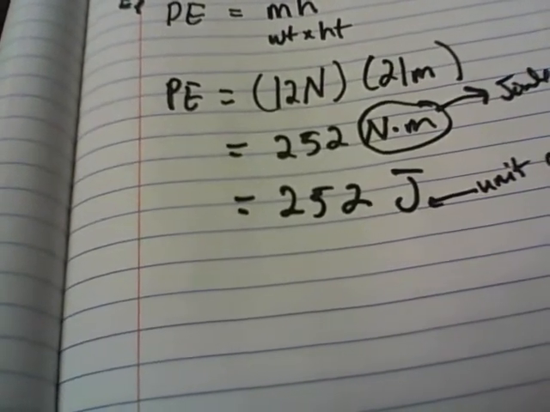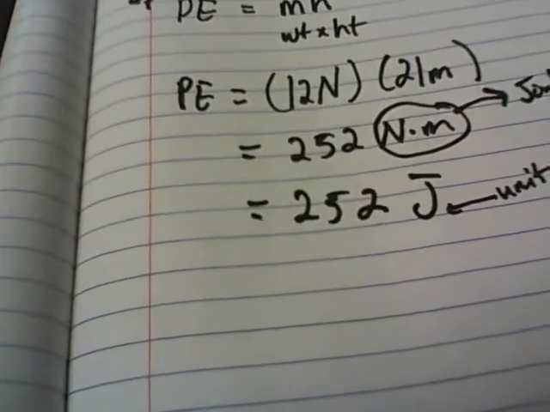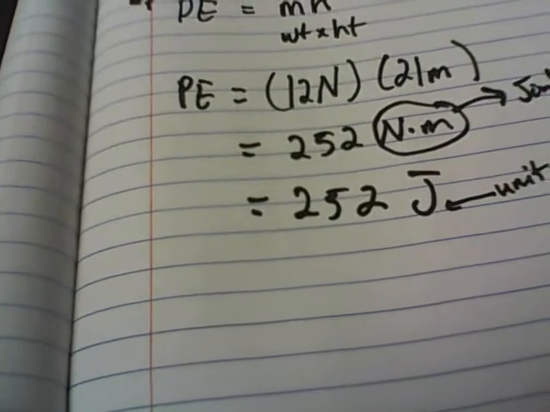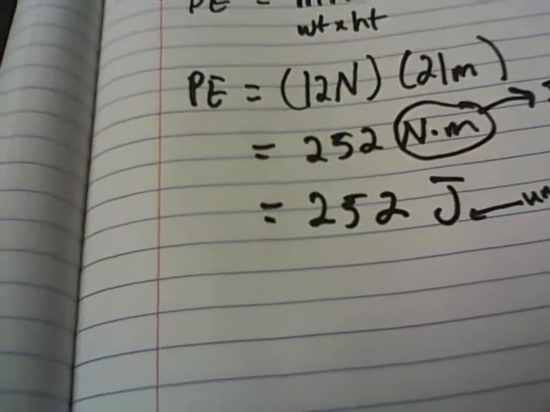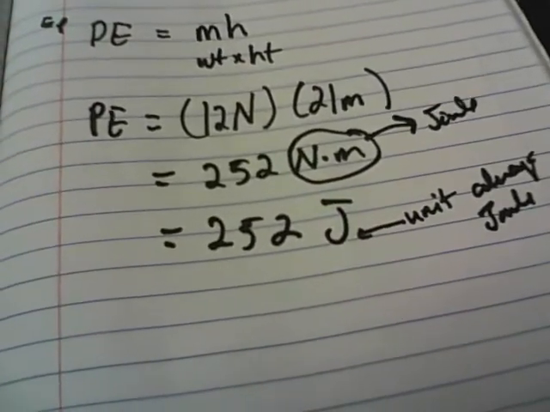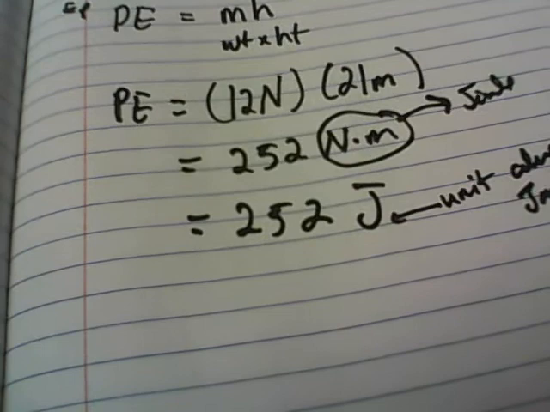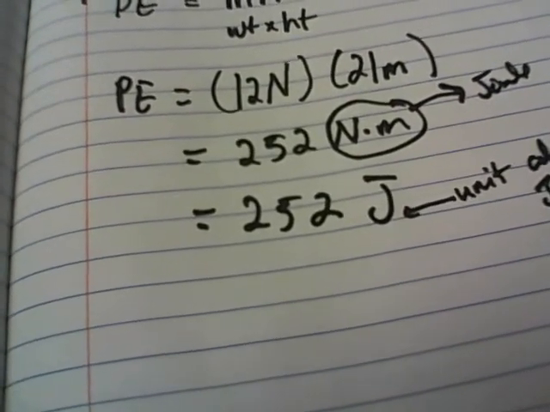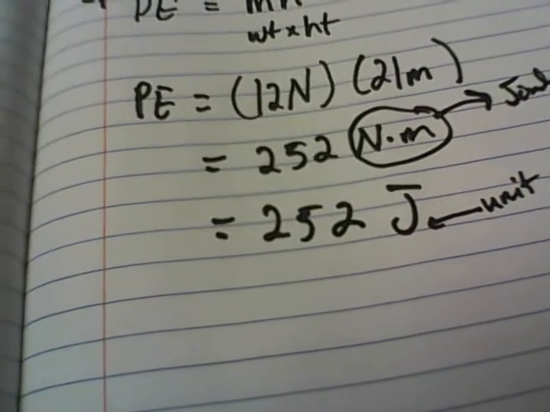Kinetic energy will always have velocity. It'll always have a speed. It'll always have something traveling at a certain speed per second, per minute, per something. As for potential energy, it will only have a weight and a height, meaning meter, inches, feet, yard, whatever. And so this is how you'll be able to distinguish between the two.